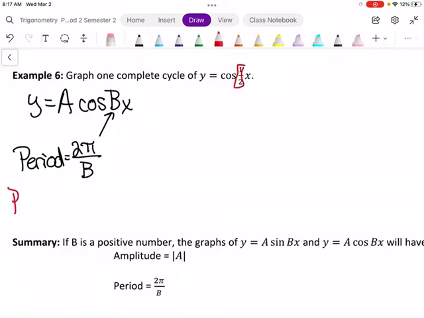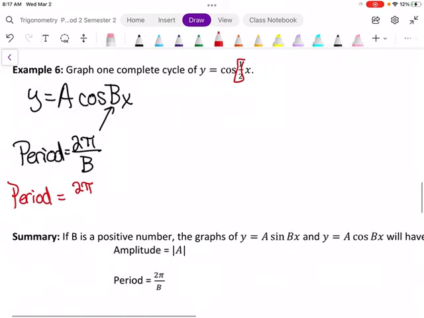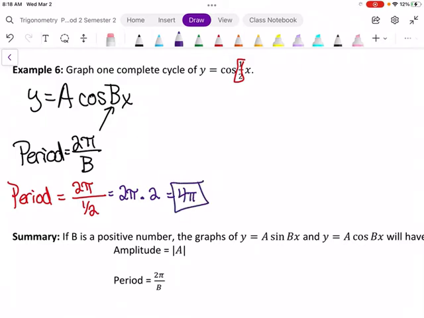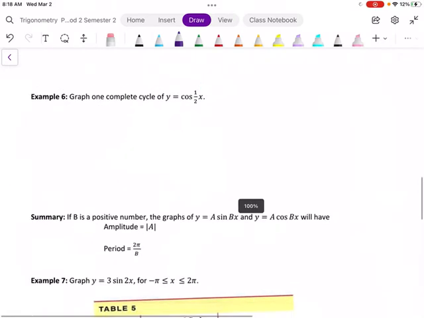So our period is 2 pi over 1/2. That's the same thing as taking 2 pi times 2, because you multiply by the reciprocal. So we're going to have a full period in 4 pi instead of 2 pi.